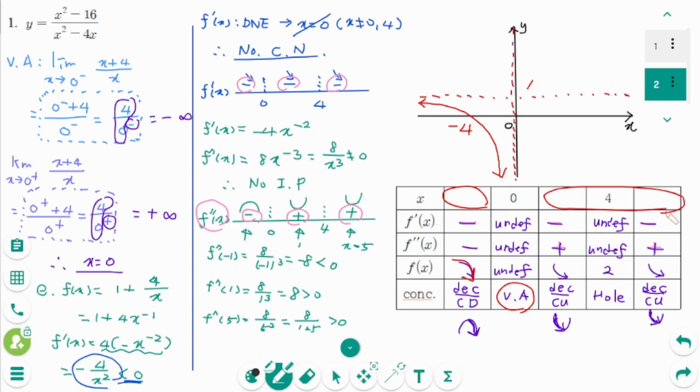Between here, the graph is decreasing and concave up. When x equals 4, there is a hole, which is (4, 2). Then this one is the graph of y equals (x squared minus 16) over (x squared minus 4x).